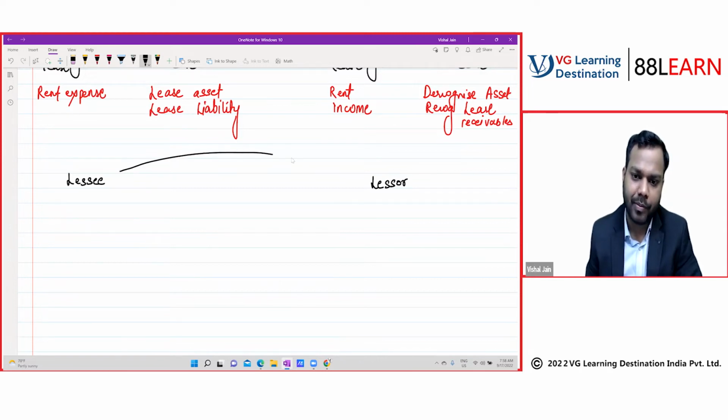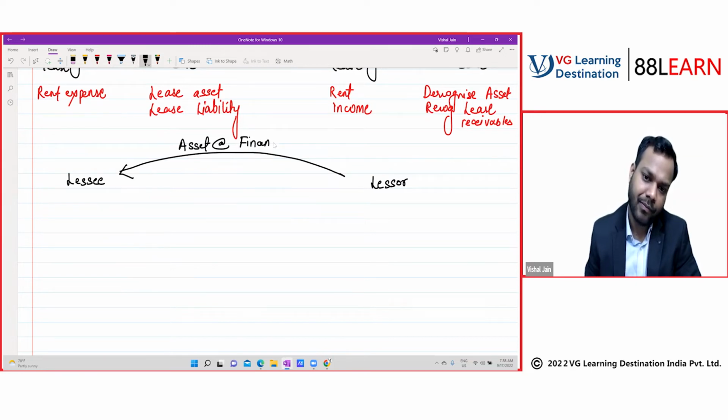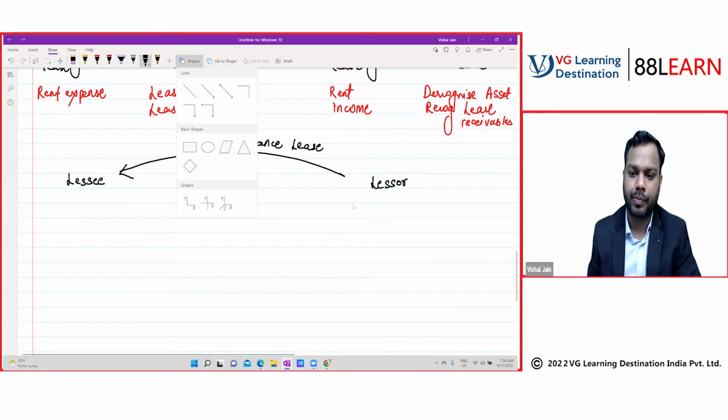Lessee took an asset on finance lease. Tell me what will lessor do?